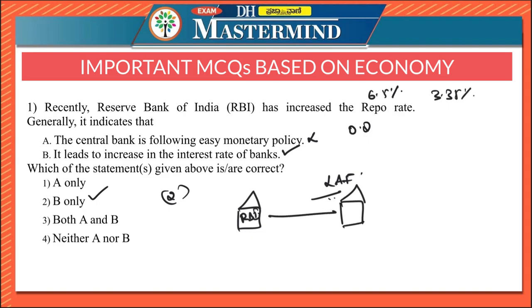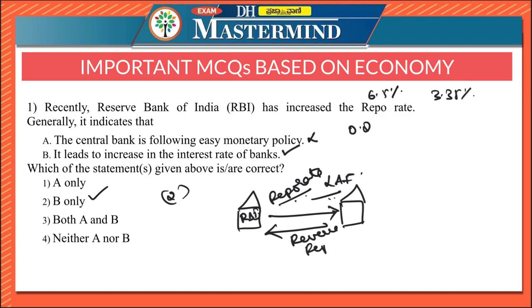So when RBI lends to other banks, the interest rate it charges is called repo rate. What is reverse repo rate? Reverse repo rate is the reverse of this. When scheduled banks lend to RBI, the interest rate charged by the bank to RBI is the reverse repo rate.